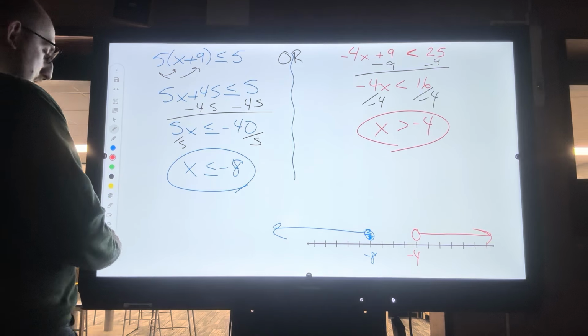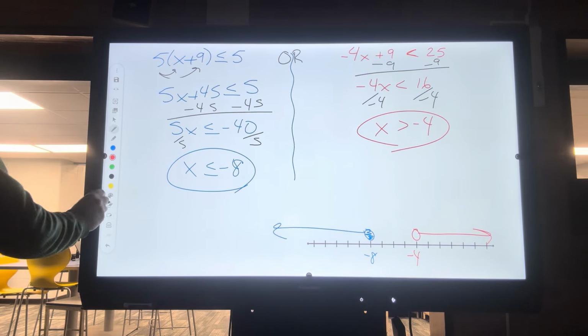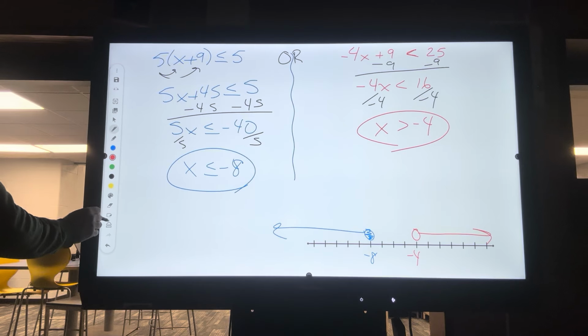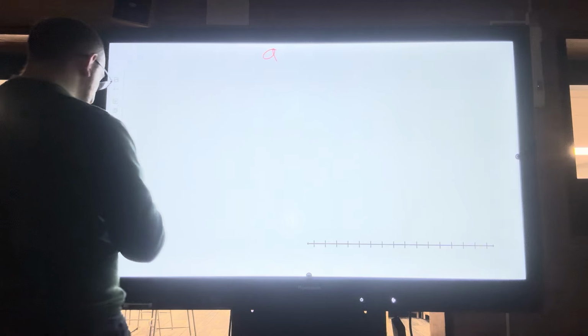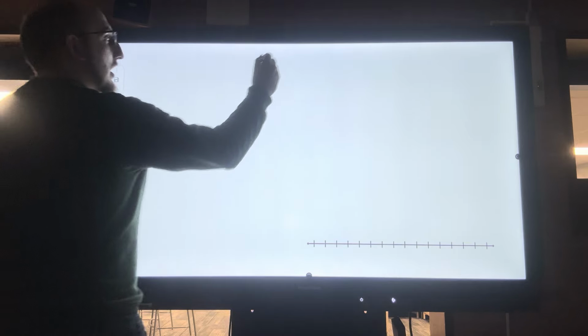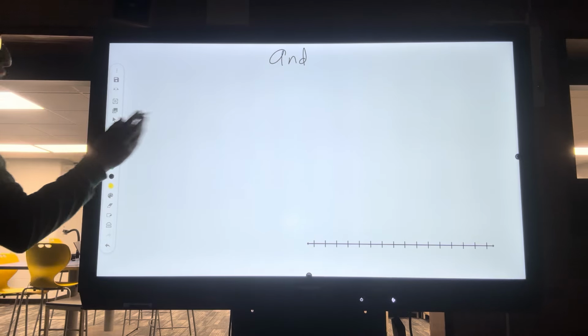Let's try the same thing, but let's try it for ands. Erase. Boom. Now we have and equations. Oh, let's not put that in red. Put that in black. And means it has to fit both conditions.